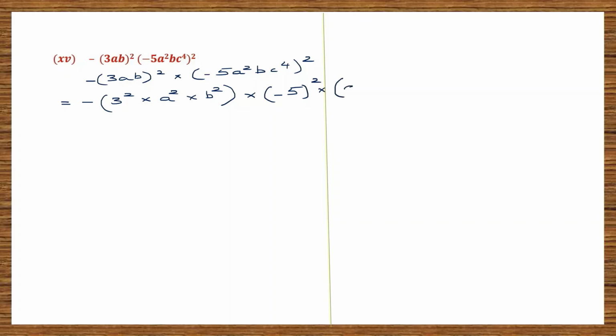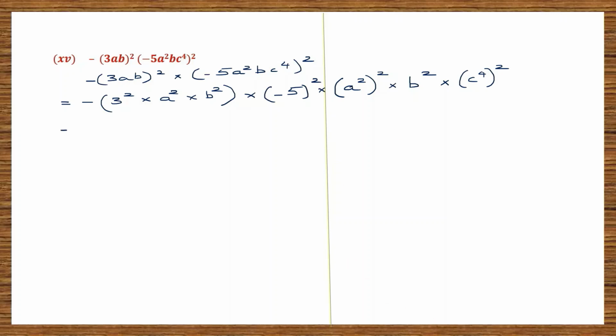We have a square. A square is also raised to the power of 2, into b is raised to the power of 2, into, we already have c raised to the power of 4, that is also raised to the power of 2. So we have just taken each variable here and raised it to the power of 2. Now we are going to open all the brackets here.